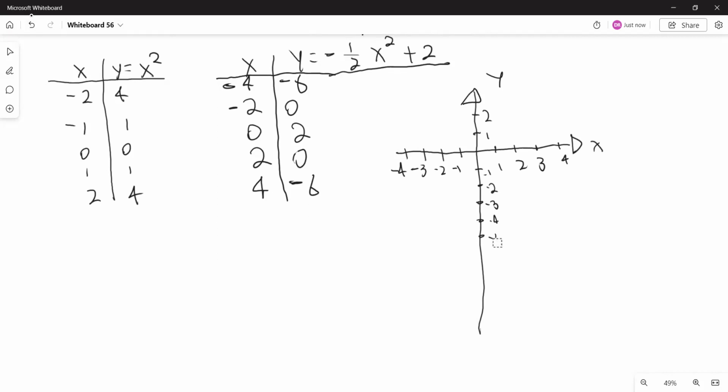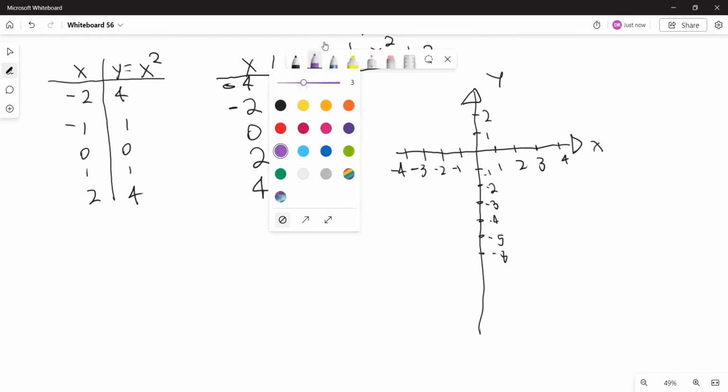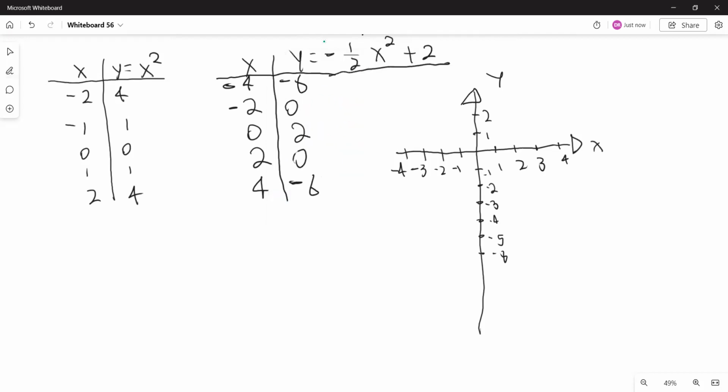So I'm almost done with this. Okay, and let's plot the points. Okay, so this graph goes through -4, -6, -2, 0, 0, 2, 2, 0, and 4, -6.